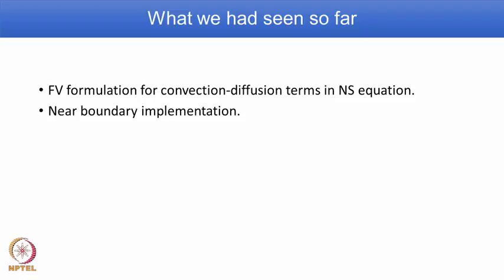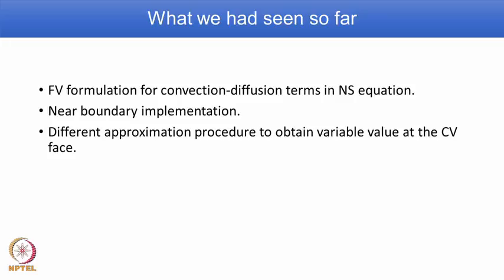We also learned how to do near boundary implementation. We learned there is a need to do different approximations to get the variable value on the face. We learned 5 difference schemes. We also learned the performance by taking one illustration, and by increasing the mesh size or by changing the flow condition, performance differs.